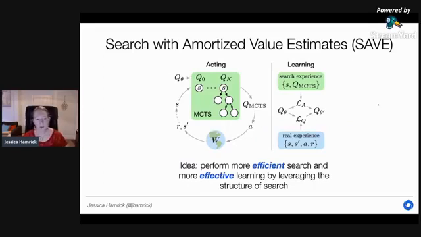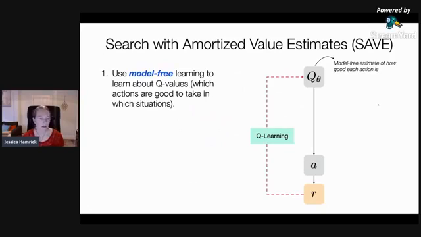In this project, we began with a fairly standard search procedure, which is known as Monte-Carlo tree search, or MCTS. And we explored how we can leverage the structure in the agent to perform more efficient search and more effective learning. The result is this new algorithm called SAVE, or search with amortized value estimates. The way that SAVE works is, we're going to start with just model-free learning. This is, again, just a different way of drawing the typical model-free setup.